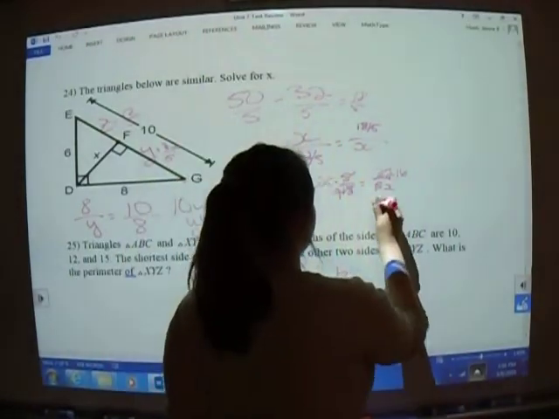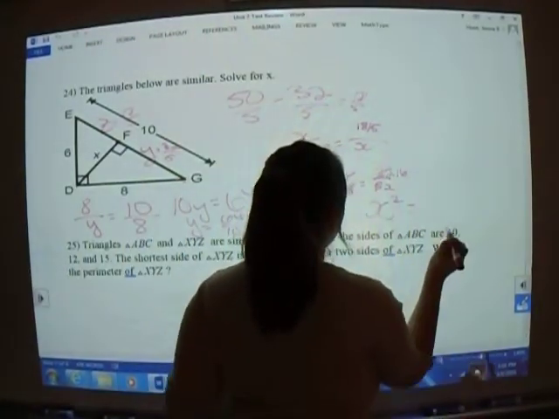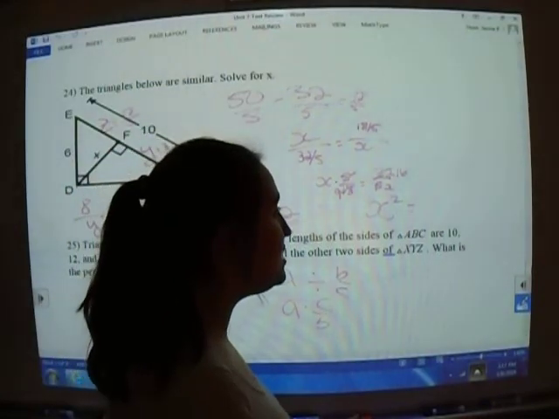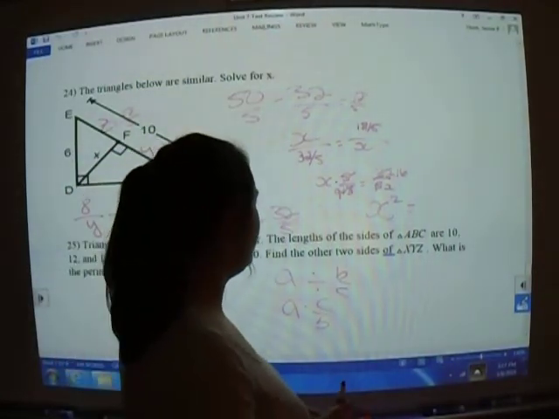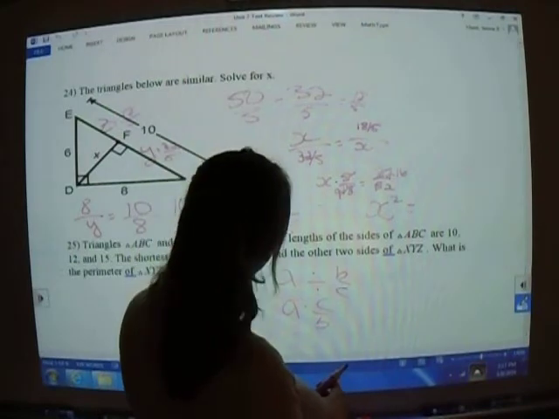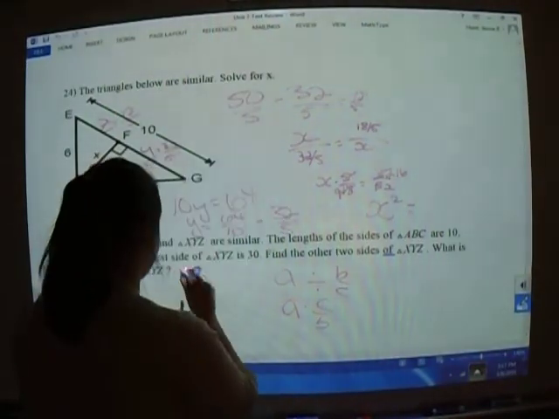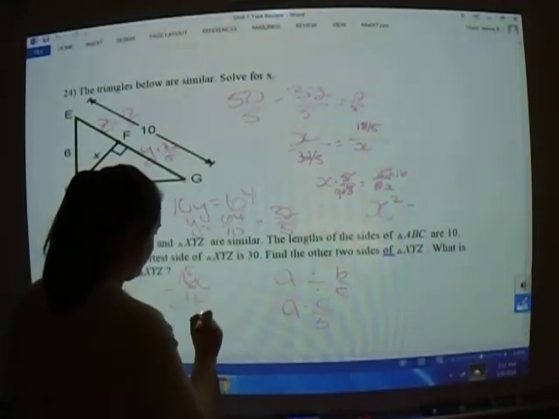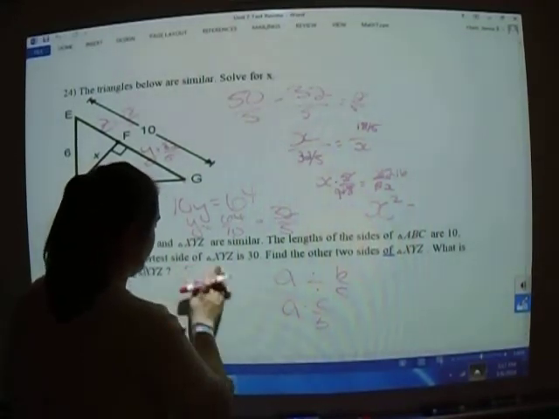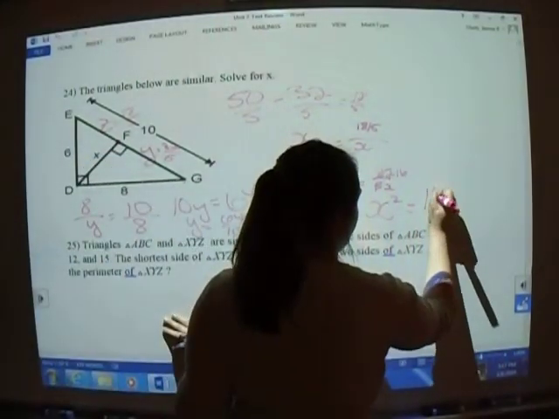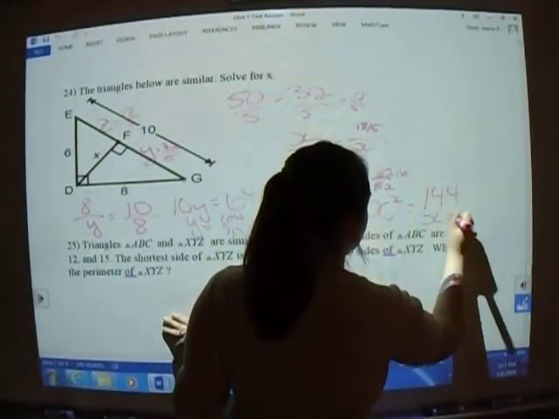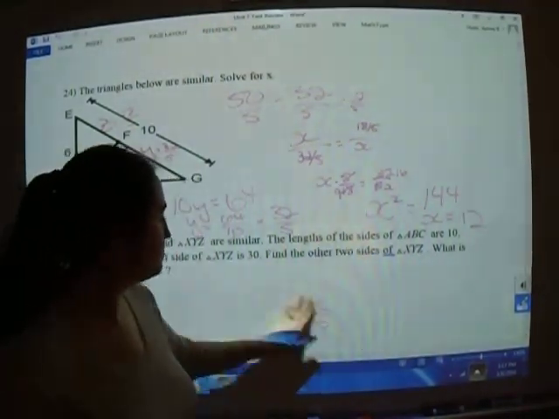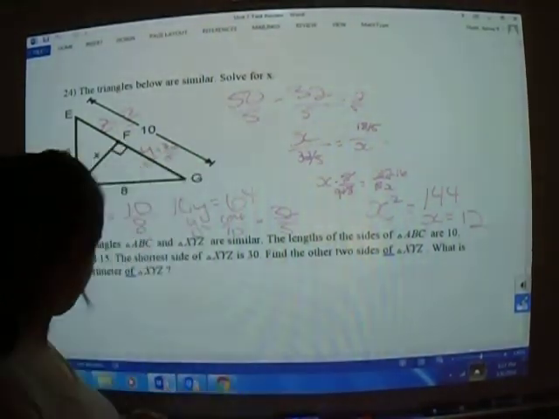So we end up with x squared equals 160 minus 16, 144. So x equals 12. Alright, so that's how we do that one.